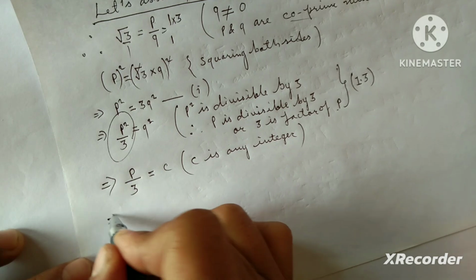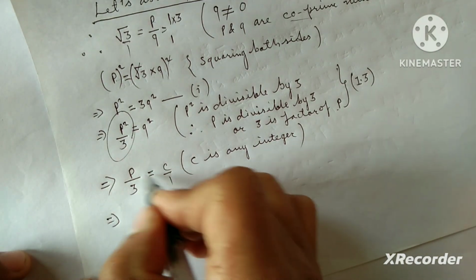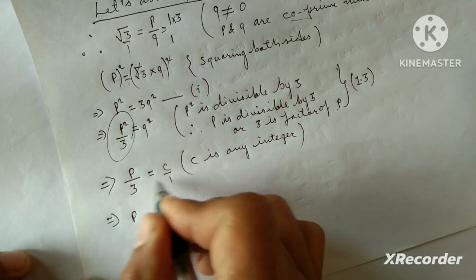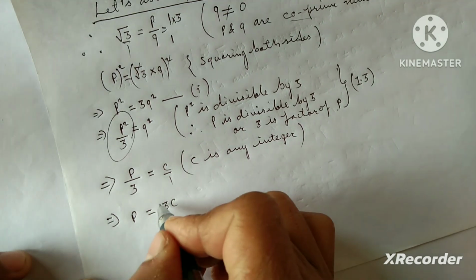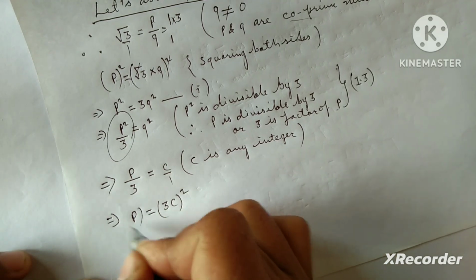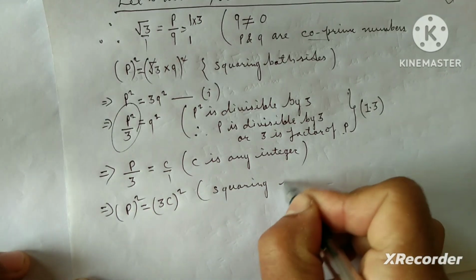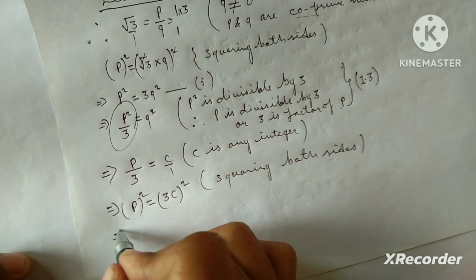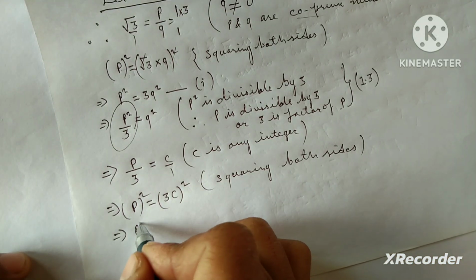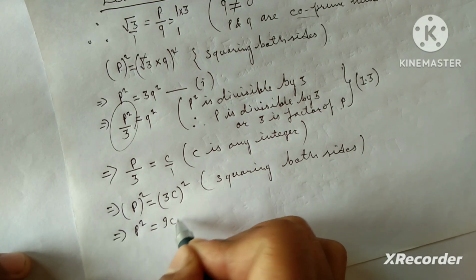Now let's do cross multiplication. p equal to 3c. Now squaring both sides, we will get p square equal to 3 square c square, that is 9c square.